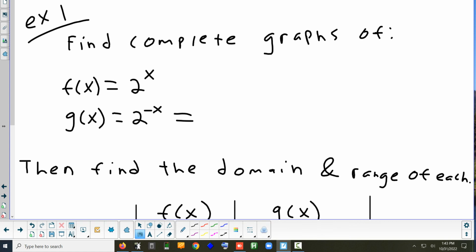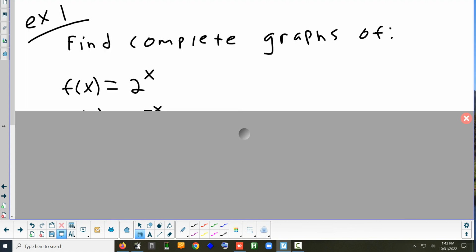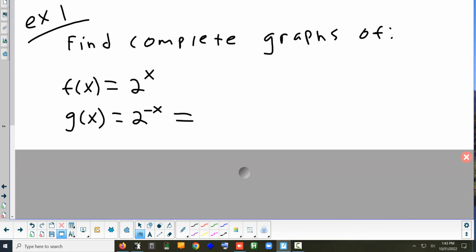All right, so let's graph these two, and let's just look at them. But before I graph it, I have 2 to the negative x. We just talked about how to get rid of that negative. I want to try it again right here. So, Grady, can you tell me how I could rewrite the bottom without that negative? You could have it 1/2 of x.